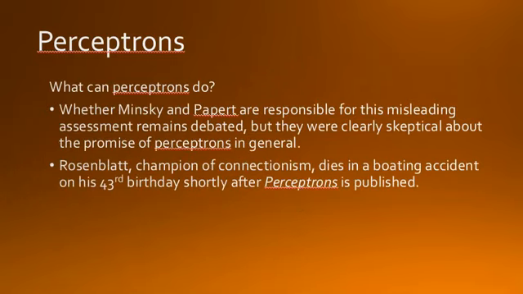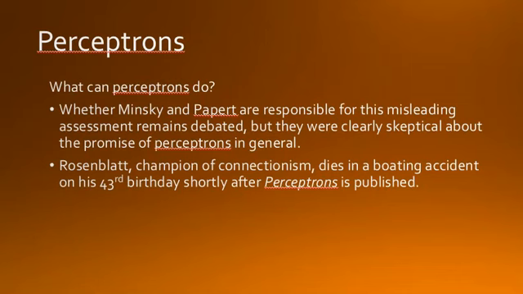So this was an unfortunate result, and I'd love to know more of the history on this, but I haven't been able to find much more about how this seems to have happened. To what extent are Minsky and Papert responsible for this? I really don't know. They were skeptical about perceptrons for other reasons, and so there just might have been this general attitude that people had at the time that these things weren't the path forward.